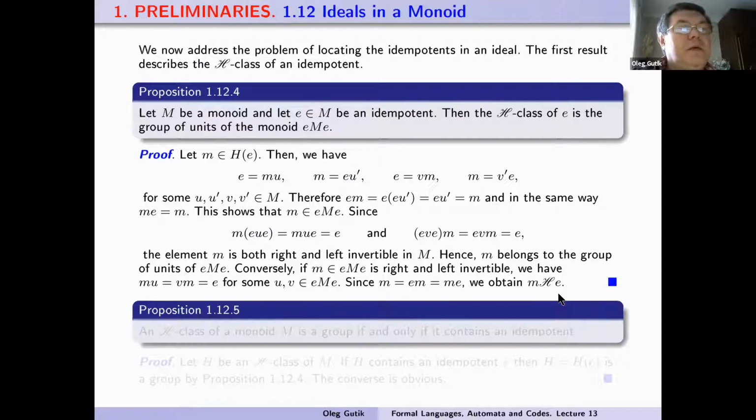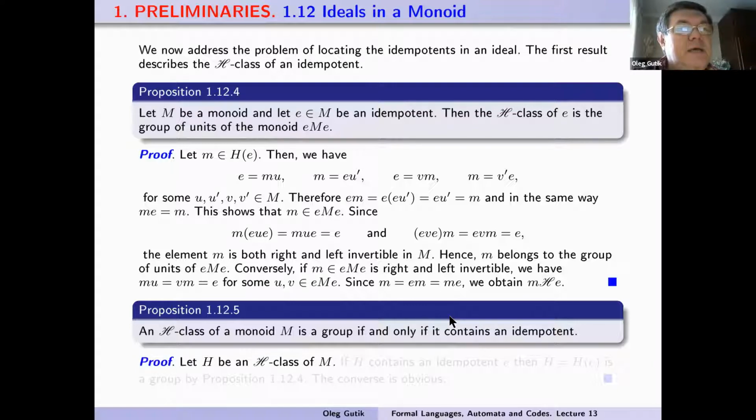112.4. The next proposition, 112.5: an H class of a monoid M is a group if and only if it contains an idempotent. The proof.